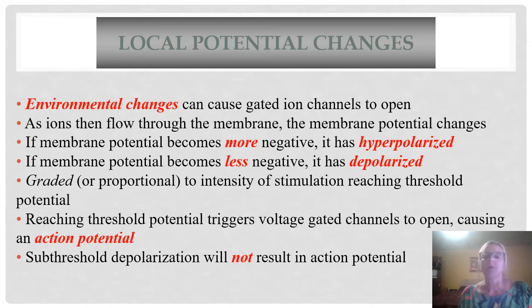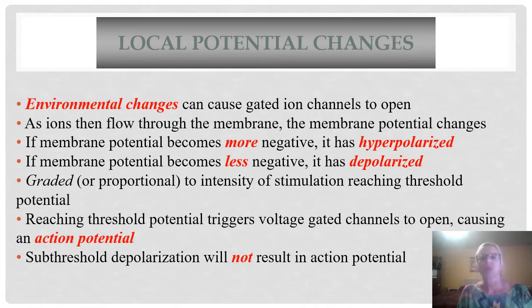If a membrane becomes more negative, we call it hyperpolarized because that difference is larger. If the membrane potential becomes less negative, we call that depolarization, meaning we're bringing those charges together and they're no longer going to be polar. So the difference has decreased.